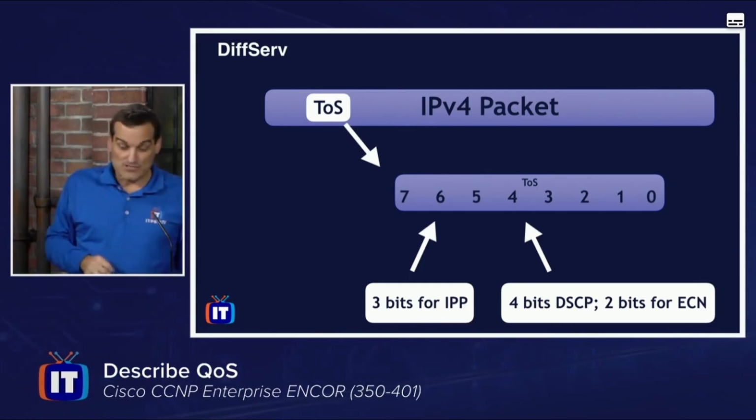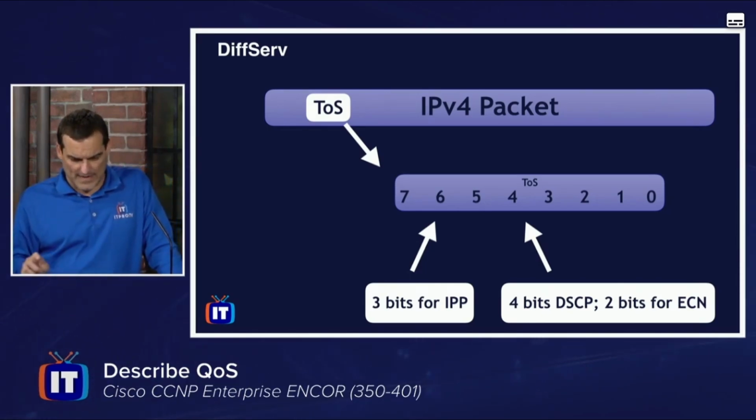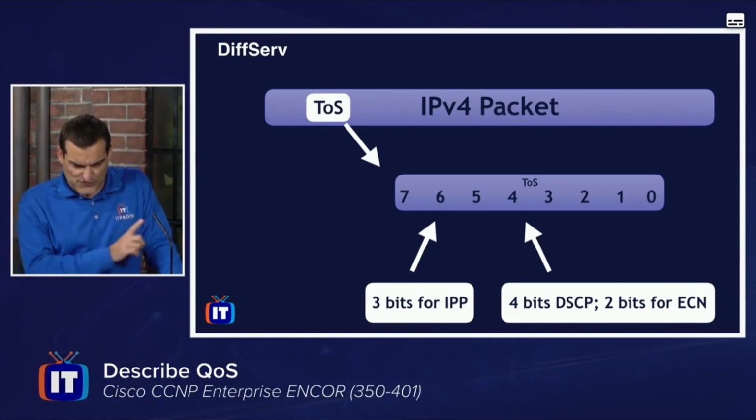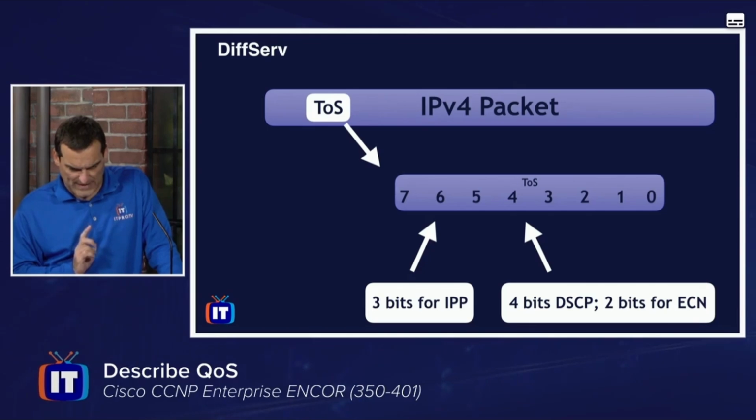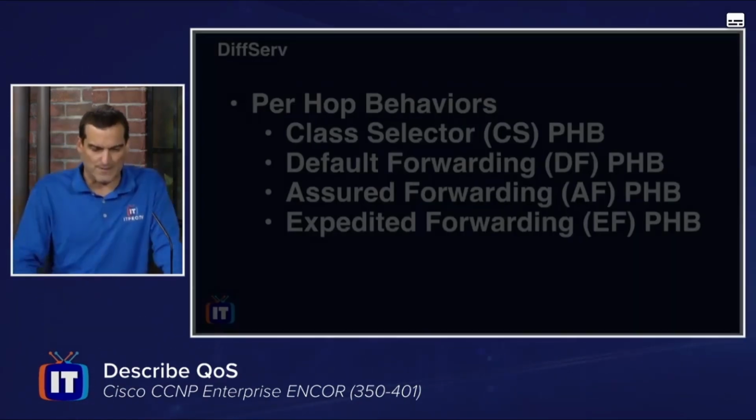So Ronnie, don't let me forget to elaborate on how those bits line up. I do believe it's the first 4 are DSCP, and then we have 2 bits for a job I can't think of, and then the 2 explicit congestion notification bits, but we'll pull it up and we'll elaborate on it.